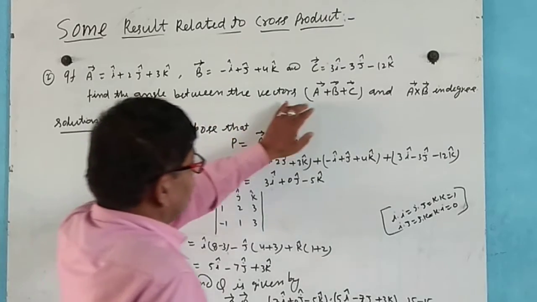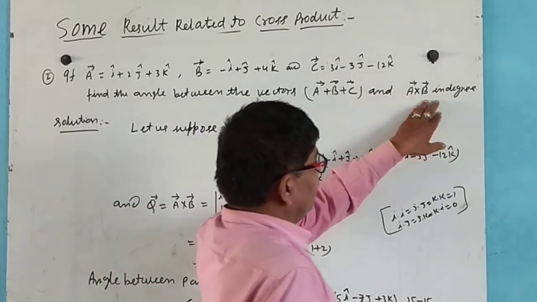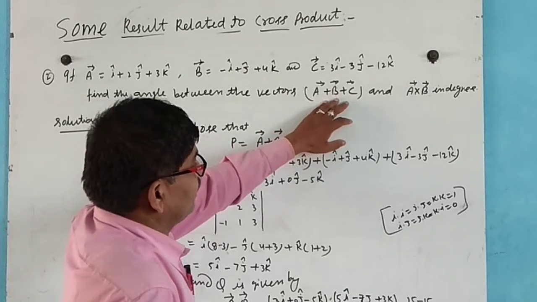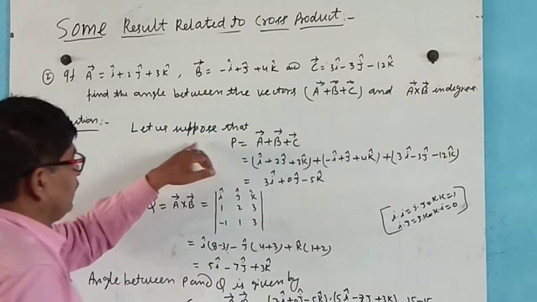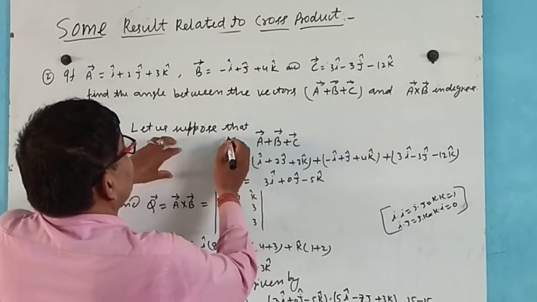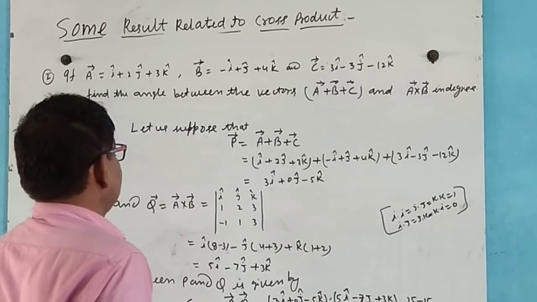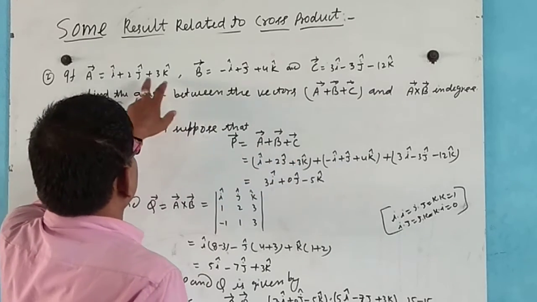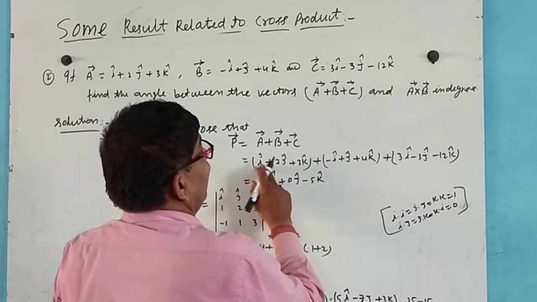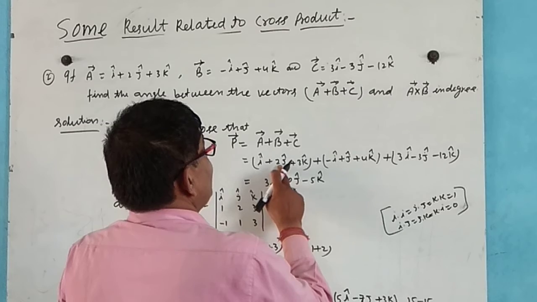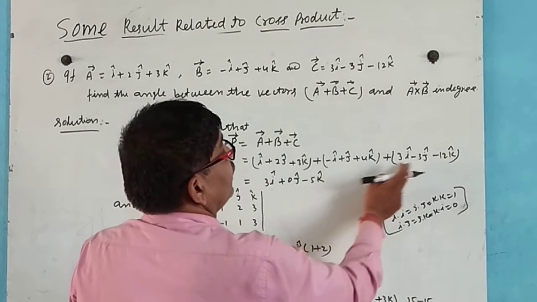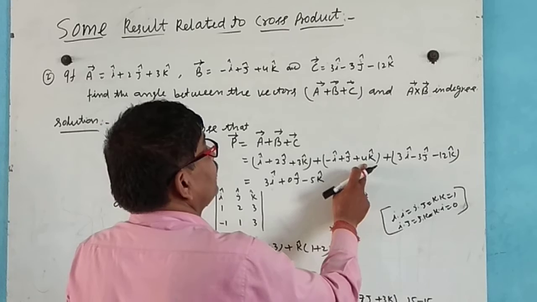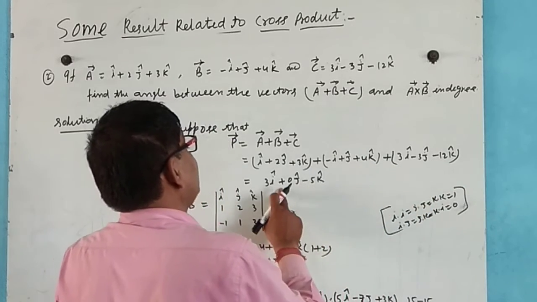Find the angle between the vectors A plus B plus C and A cross B in degrees. First, let A plus B plus C equal to P and A cross B equal to Q. Adding the three vectors: i minus i cancels, 2j plus j is 3j, 3j cancels so 0j, 3k plus 4k is 7k, minus 12k gives minus 5k.